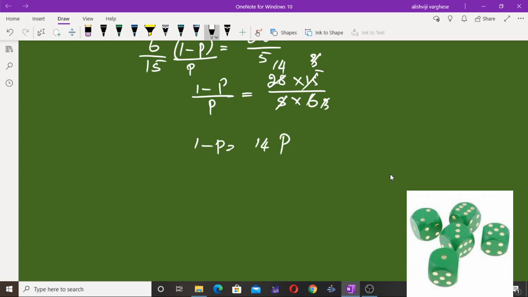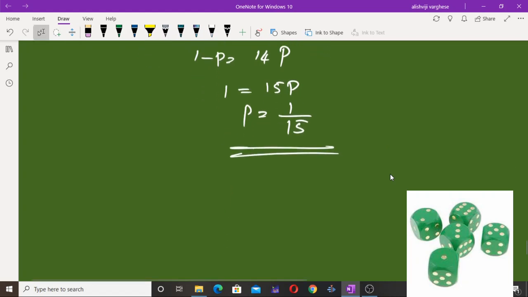If we transfer it to the left hand side, 1 is equal to 15p, or p is equal to 1 by 15.